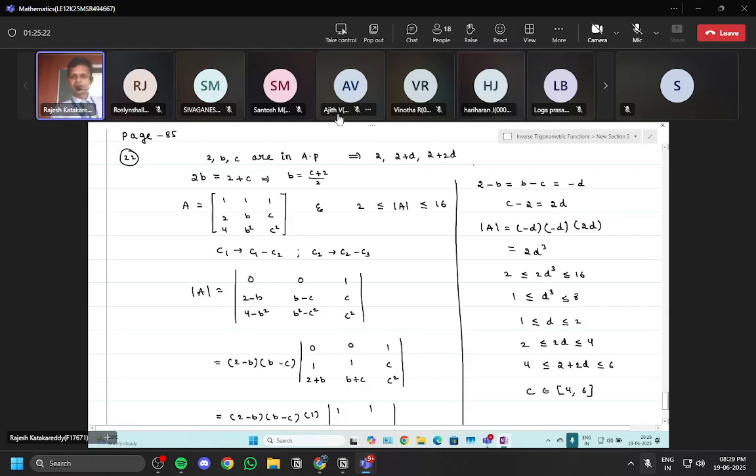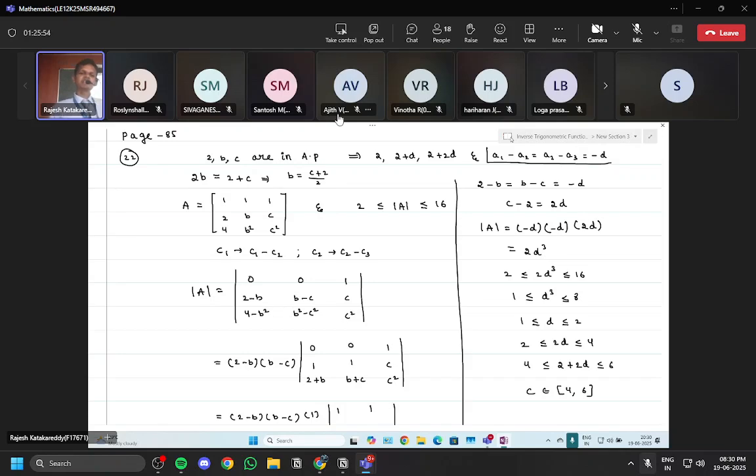Now if I am doing A1 minus A2 of an arithmetic progression, I can say that will be equal to A2 minus A3, that will be equal to negative of the common difference. This is what I used, and I wrote 2 minus B is equal to B minus C is equal to minus 1 into common difference D, that I substituted.